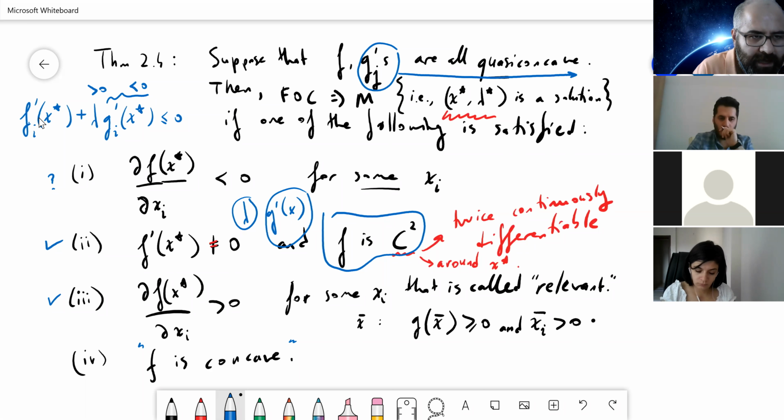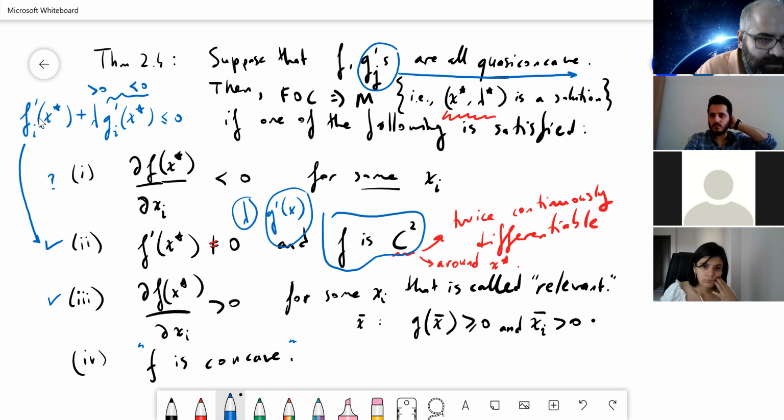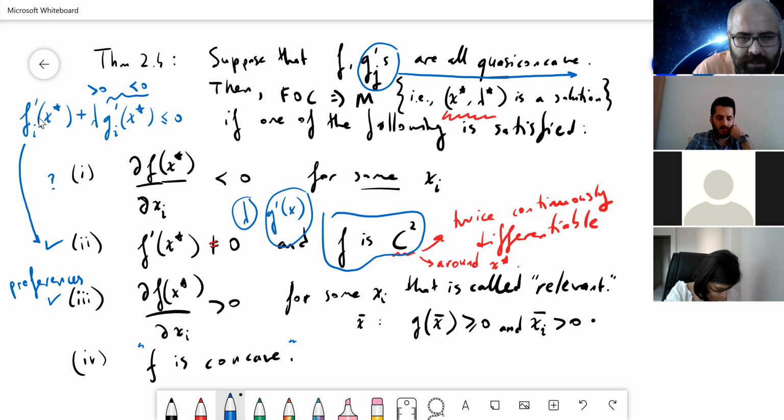Now, last year, I didn't go over this theorem in detail, but since this is recorded, I'm trying to explain every single detail about this. This is usually originating from preferences. Our preferences dictate some of the variables are relevant, and for these variables, we are non-satiated. And if you have this, then that's a great thing.